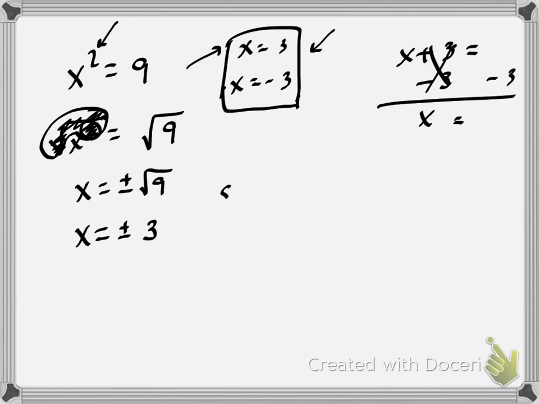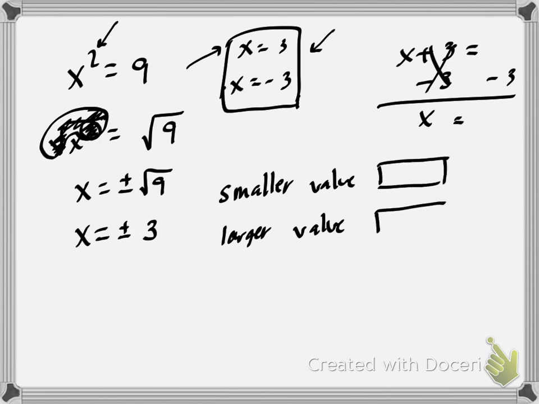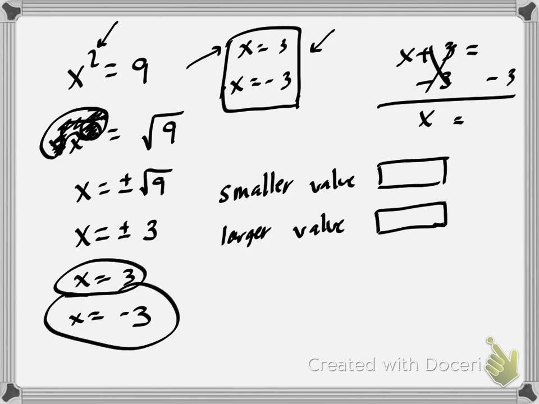Now, on the Khan Academy practices, they have two different boxes to put your x values in. And they talk about the smaller value and the larger value or something like that. So if I had answers of x equals 3 and x equals negative 3, Khan Academy wants you to put the smaller answer right here, which would be negative 3, and the larger answer right here, which is positive 3.